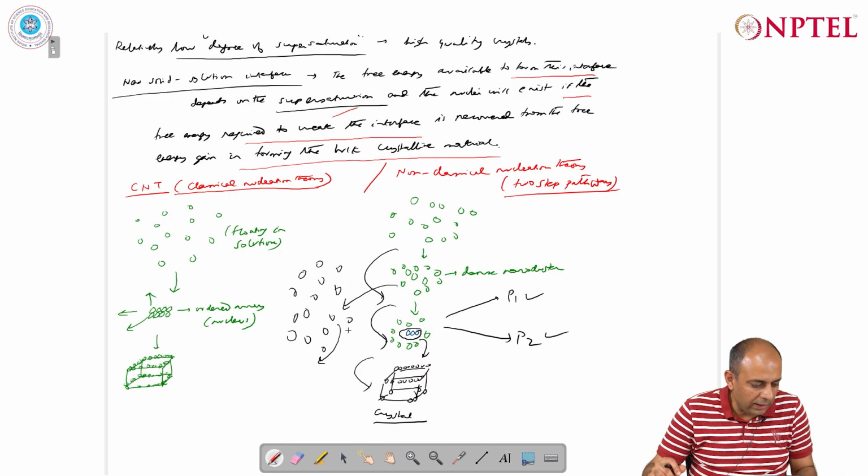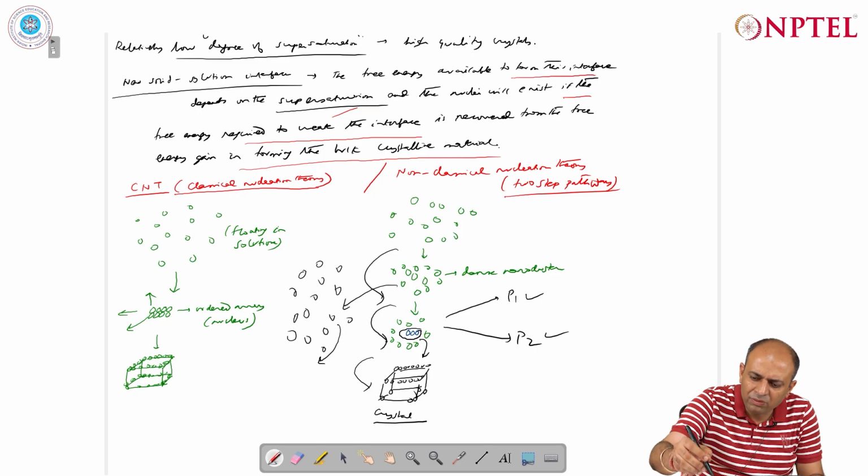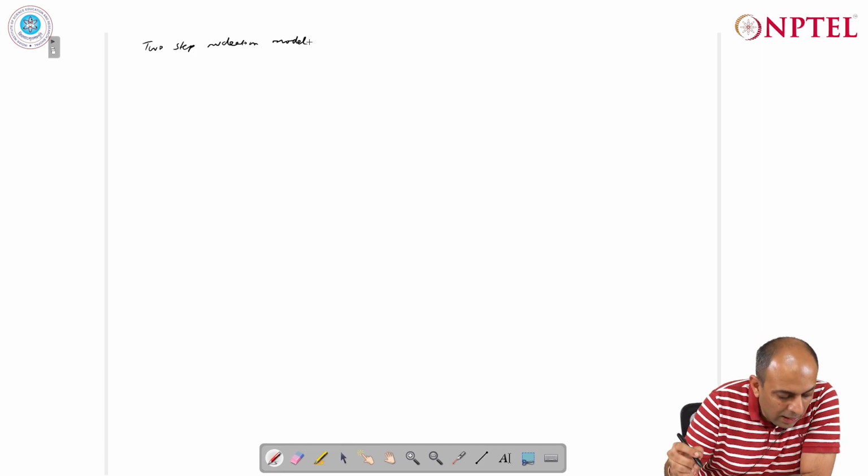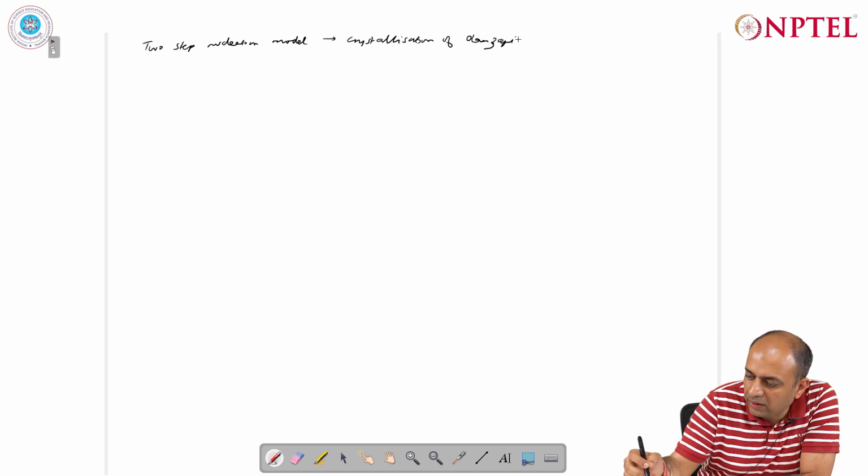And this particular thing has been observed in one particular example I would like to give you: the two-step nucleation model has been investigated in the crystallization of olanzapine drug, OZPN.